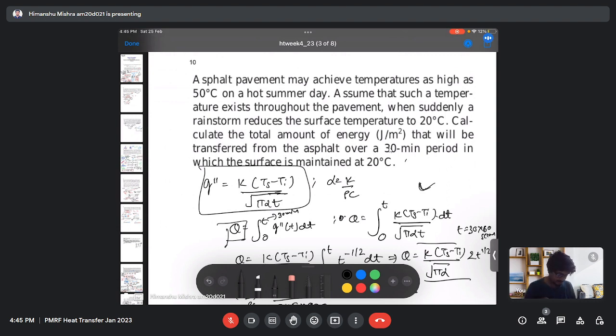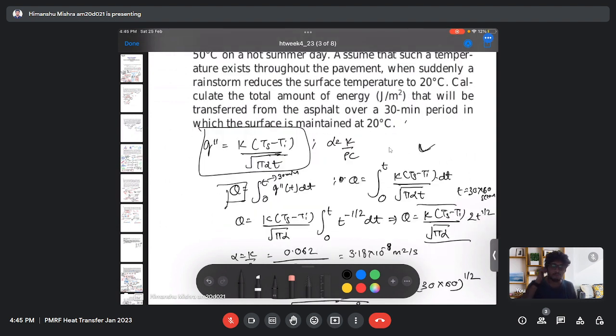So here we have done the same thing to find the total heat transfer from the beginning to the end of the time, which is 30 minutes. We integrate it over the time from 0 to 30. If we don't integrate, we can just substitute t as 30 and we get the instantaneous heat transfer at that time. But to define the total heat transfer, we need to integrate over the time.